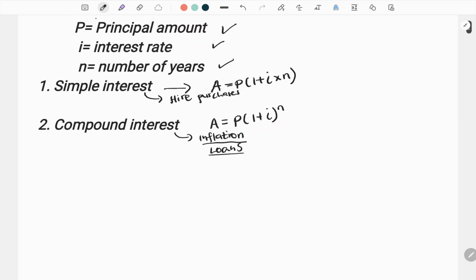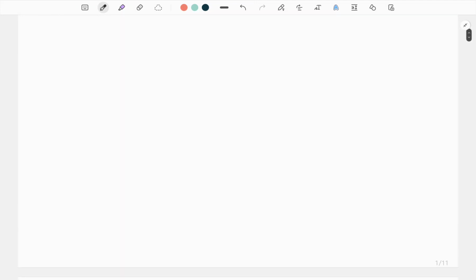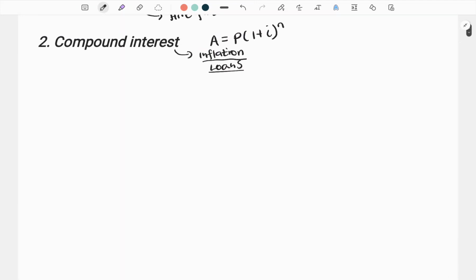So let's look at the following. Compound interest. We've got different compounding periods, so you have to be careful of this.